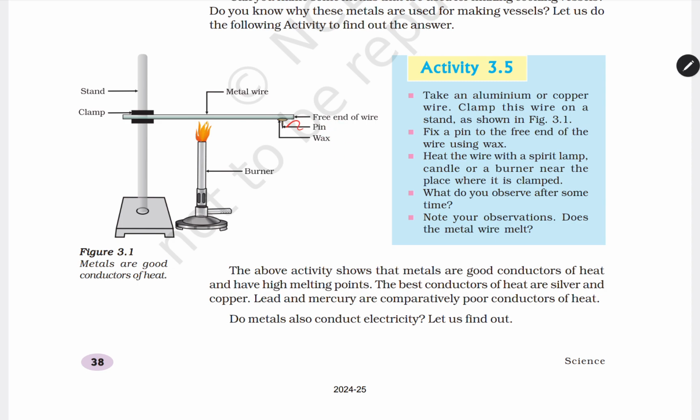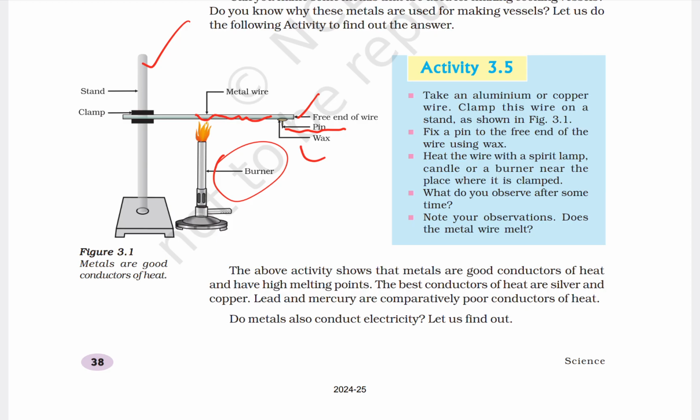You can see here we are putting a pin at the free end of the wire, and we are using wax. We have a burner over here, and the metal wire is this one that we are testing. We have a stand and clamp to fix the metal wire near the burner. What we are testing here is heating the wire with a spirit lamp, candle or burner near the place where it is clamped.